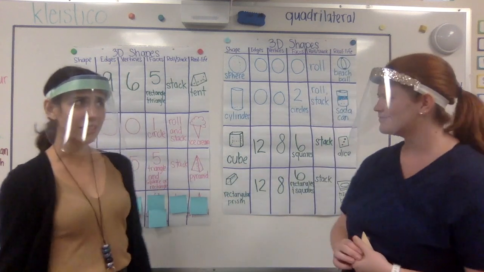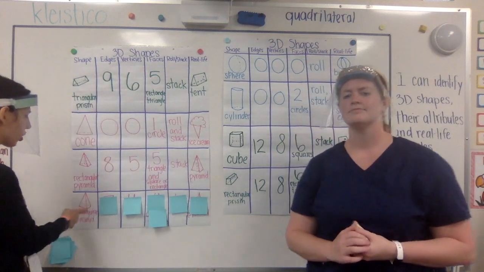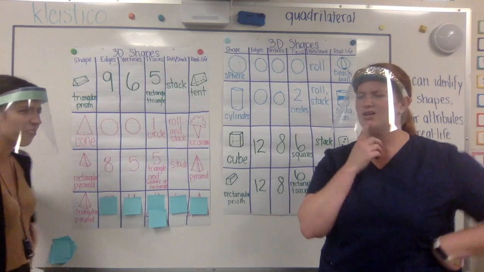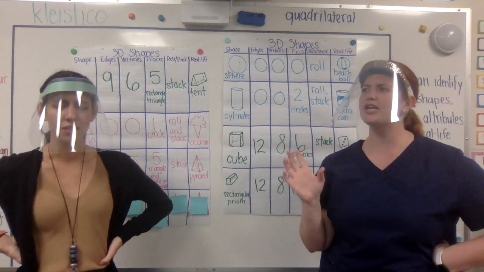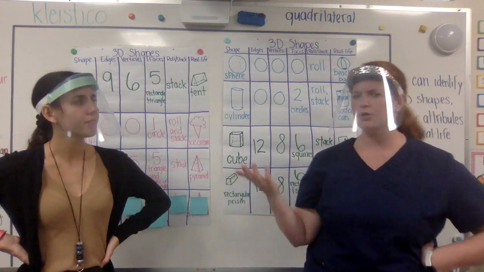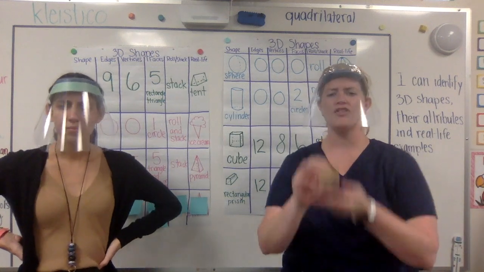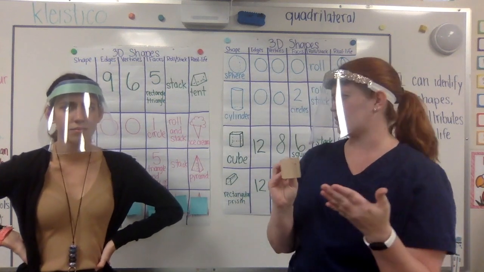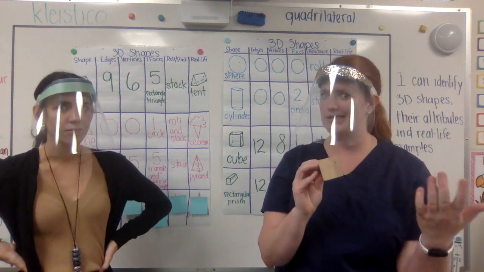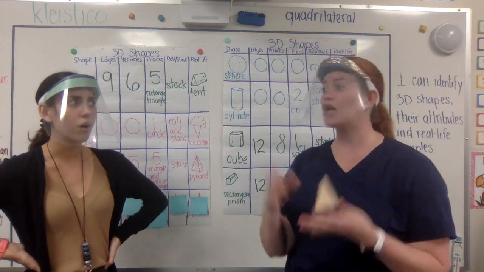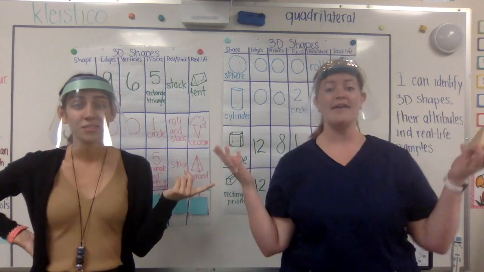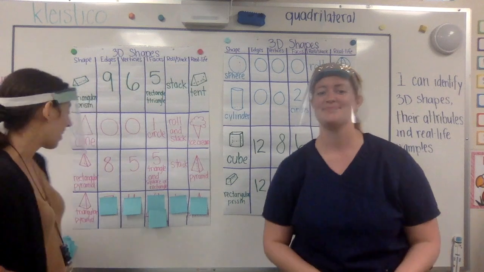Well, another type of pyramid is a triangular pyramid. What's different about that, Miss Lime? Well, I'm hearing triangular. I'm hearing the word triangle. Now, we called this a square or a rectangular pyramid because it had a square or a rectangle base. So, a triangular pyramid must have a triangle base. That's right.